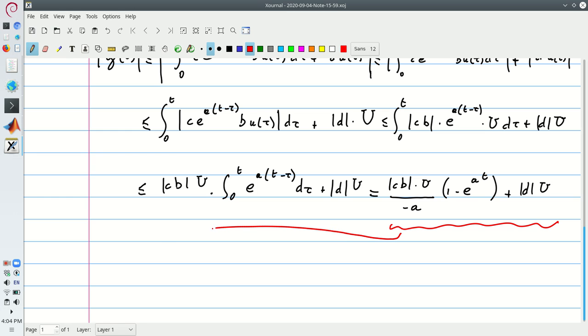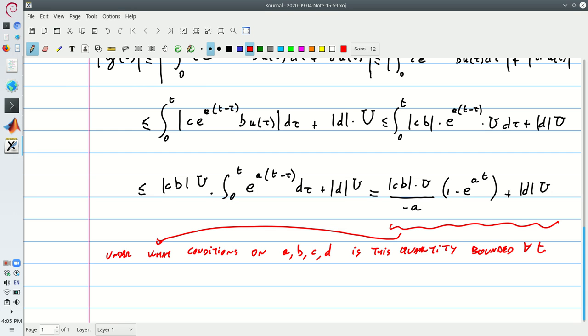The question becomes, under what conditions on A, B, C, and D is this quantity bounded for every t?